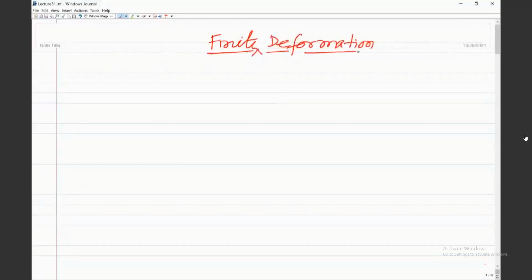So last class we have seen the element level governing equations.